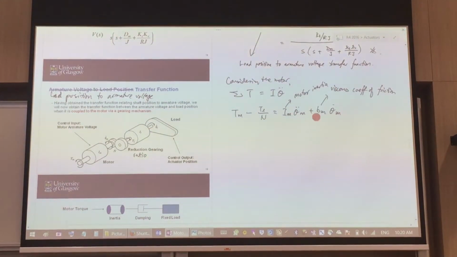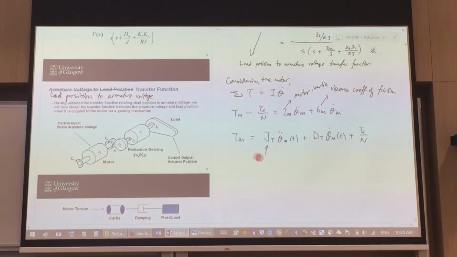So I could readjust this whole thing. Tm equal to Jt θ̈m plus Dt θ̇m plus TL over n.